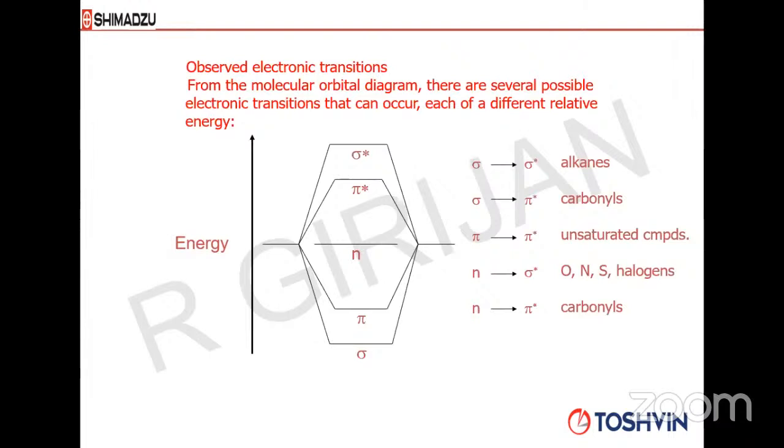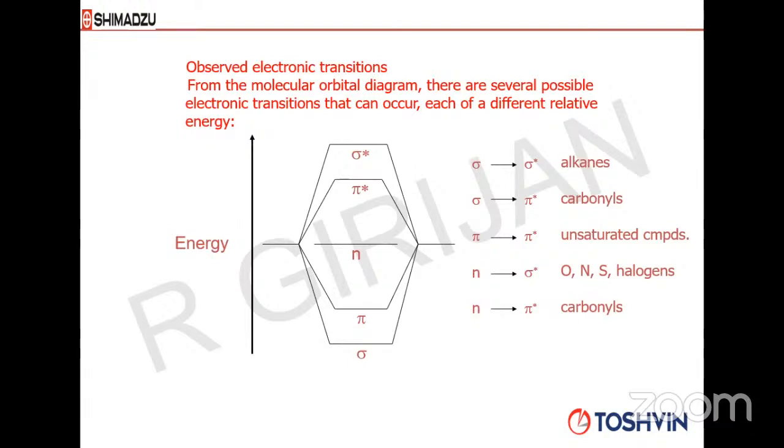So what transitions can take place? One electron can go from sigma to sigma star level. It was originally at the sigma level, and it gets transitioned into sigma star. But this is a very, very high energy transition. The sigma to sigma star transition involves the maximum energy.